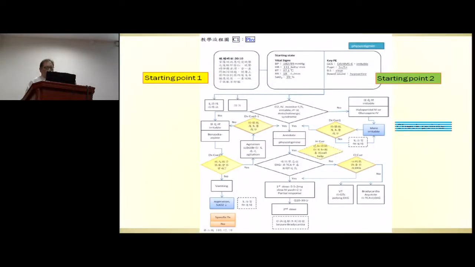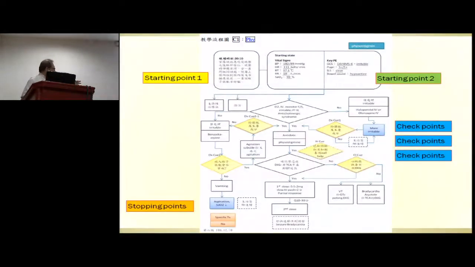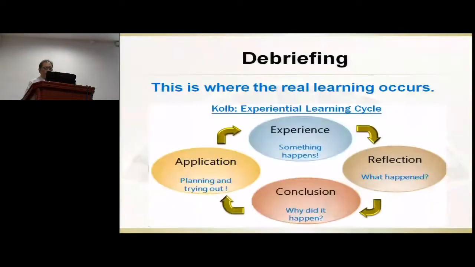Okay, and several checkpoints there, and the stop point, when to stop, and this is the cue. You see, in this teaching case, we have 5 cues, multiple cues to help our residents to learn. Okay.